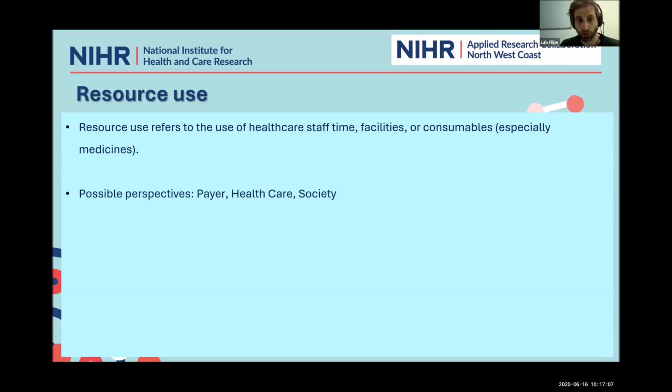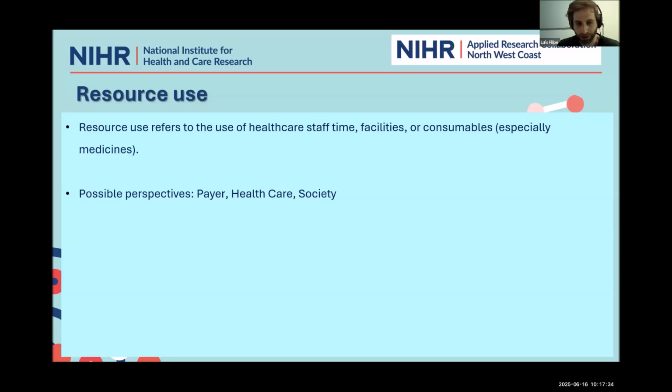Now, Valerio was talking to you about the perspectives, and there are several perspectives. You can have the patient perspective, the payer, if the payer is not the NHS, the healthcare perspective, so let's say the NHS perspective, or the society perspective. This may seem confusing at first, but it's very easy and intuitive.